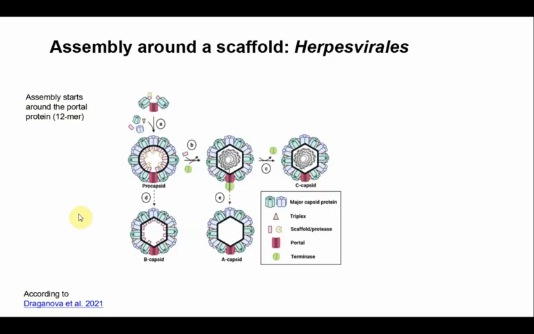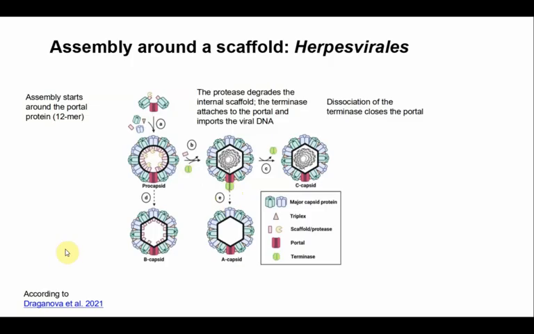So this is a complicated process. First you form a capsid that's got protein on the inside, which has to be cleaved to give you something that's empty. And then once you've got an empty capsid, you can put the DNA into it with the terminase complex. Oh, there we go.